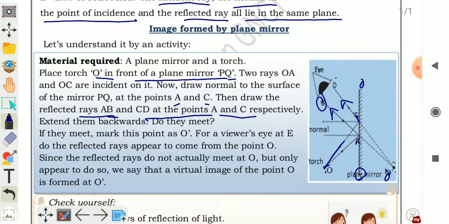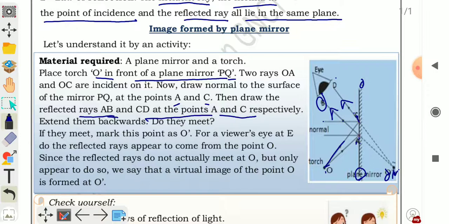This is O dash, children. At point O dash these two rays appear to meet. Mark this point O dash, and mark the viewer's eye at E.